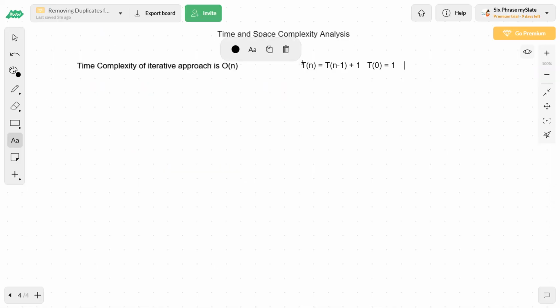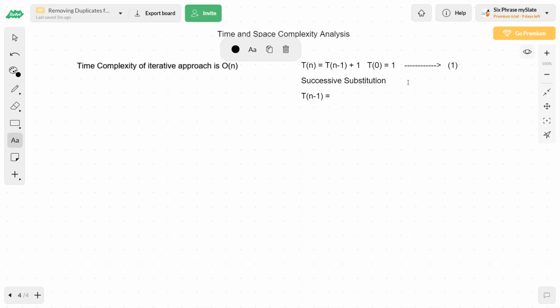Let me consider this recurrence relation as equation number 1. Now the method we are going to use is the successive substitution method. In this method, first I need to find the value of T of n minus 1.